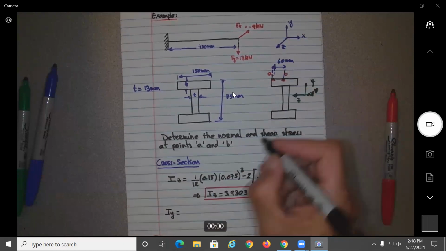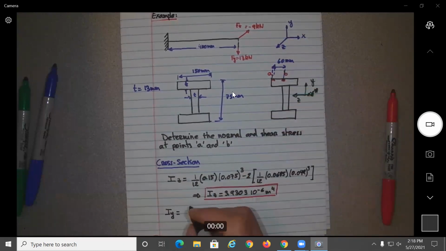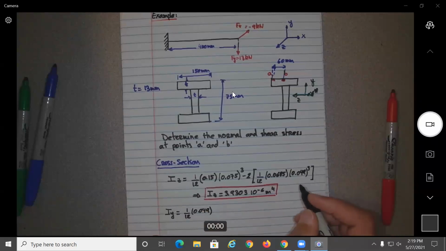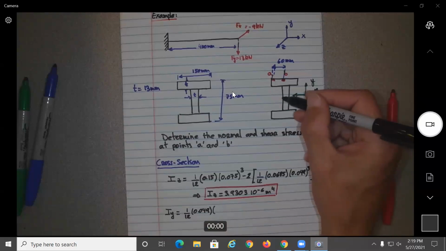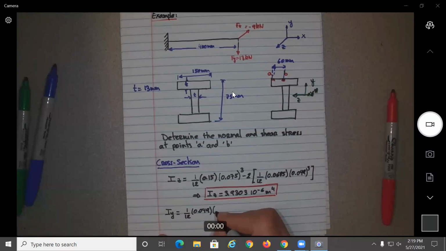If we do the center piece, but now everything gets reversed, you will have 1/12 of the base, which will be 0.049, times the thickness, which is 13 millimeters, 0.013.